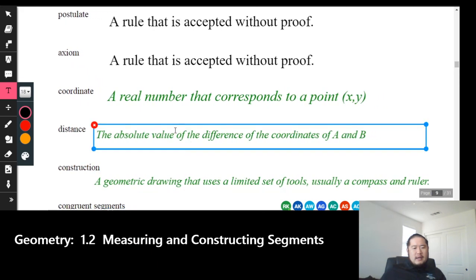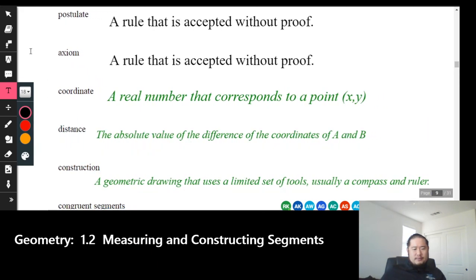Next up, let's look at this term called a construction. A construction is a geometric drawing that uses a limited set of tools, usually a compass and a ruler. One of the things that you're going to have to figure out is how do I copy angles? How do I copy segments? How do I bisect an angle? We'll do those things through constructions.